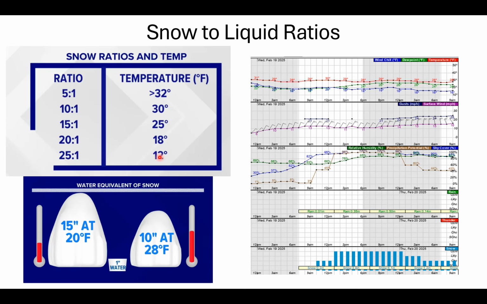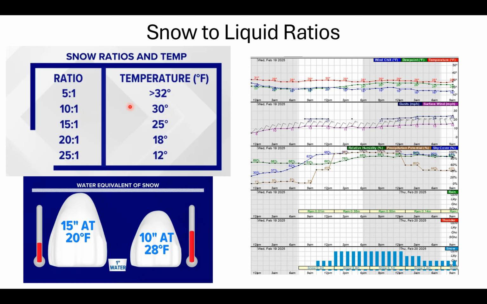So with that being said, if we examine this upper left-hand graphic another time to look at the snow to liquid ratios, with air temperatures between 28 and 30, right in this area, we're probably looking at an 11 to 1 ratio, maybe a 12 to 1 ratio at the most. 12 inches of snow equal to 1 inch of liquid.